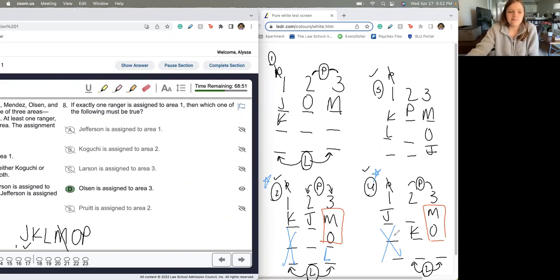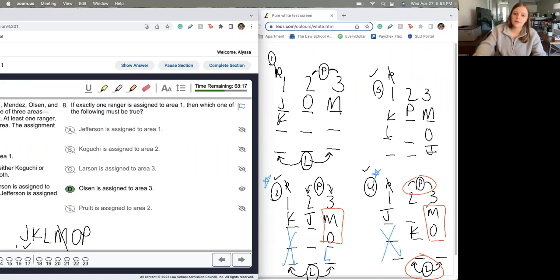P and L, I'm not even going to spend any time on any answer choices that have P and L in them because they're floaters. When they're floaters like this, it's never going to be a correct answer and it must be true. Never. So the moment you have a must be true question and you see your floaters off to the side or any variables that are flip-flopping between each other, immediately wrong, because it means that we could have that variable in two separate spaces, which basically leaves me with J and K, and I can look at my diagrams and notice that they are in different spots all the time.